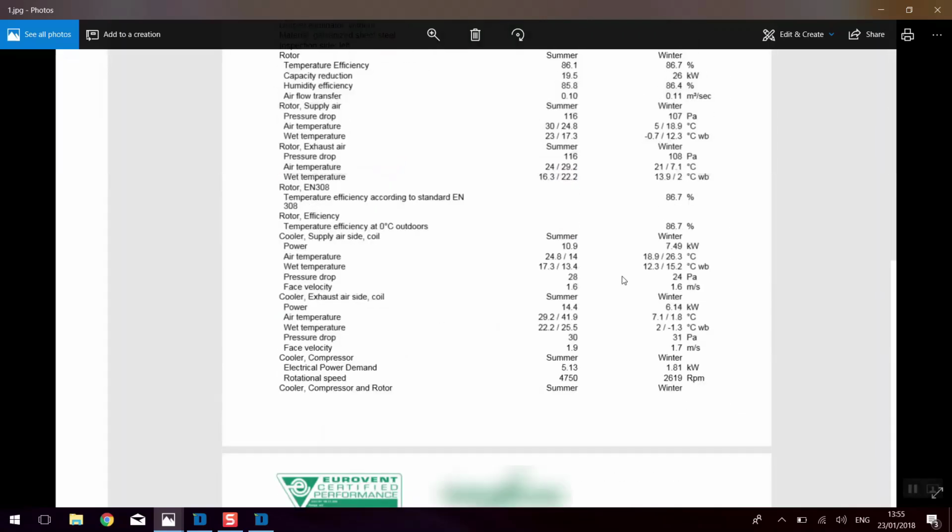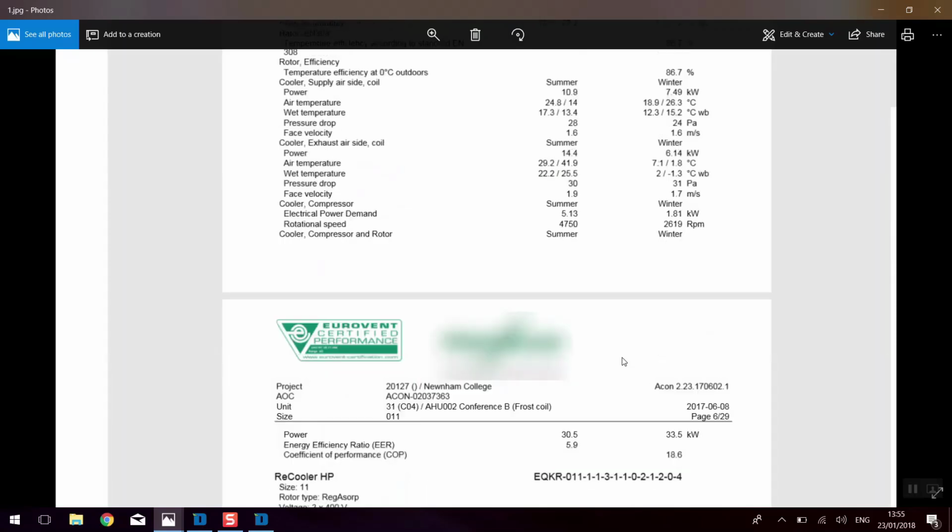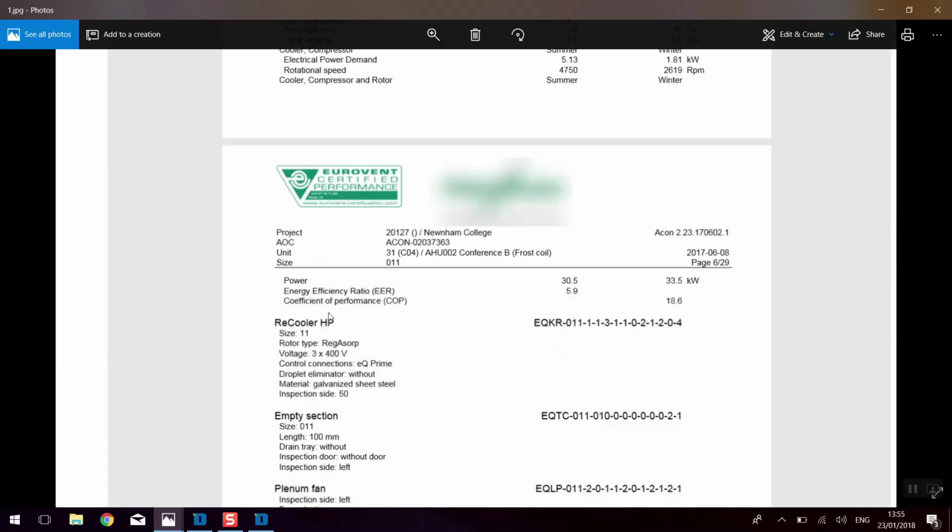Up here, what we would like to put your attention on is the coefficient of performance, COP, given as 18.6. In our opinion, this value is highly exaggerated, because we believe that within this coefficient of performance calculation the energy consumption of the fans is not included.